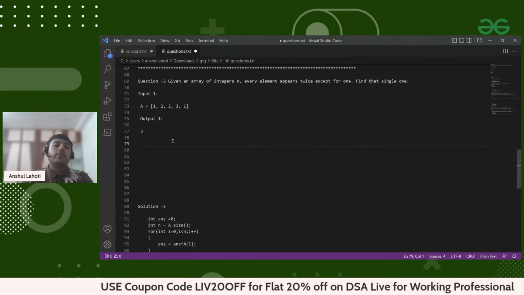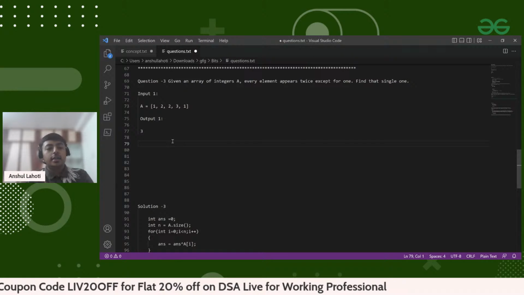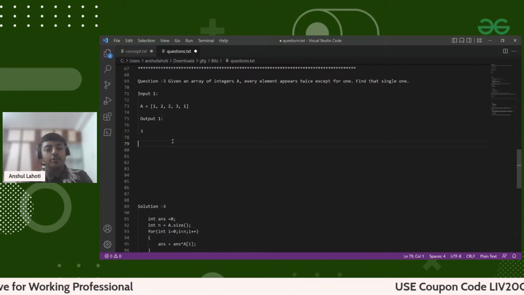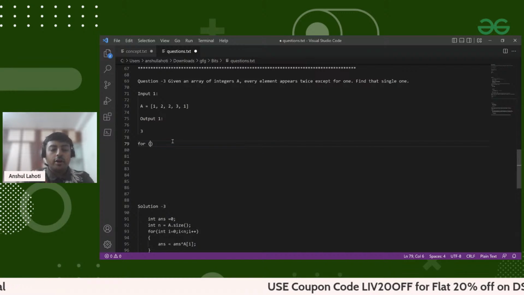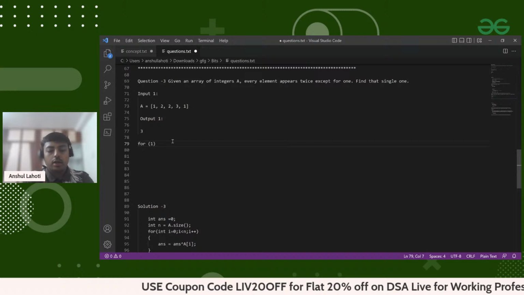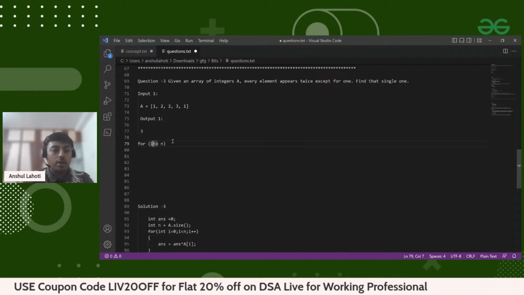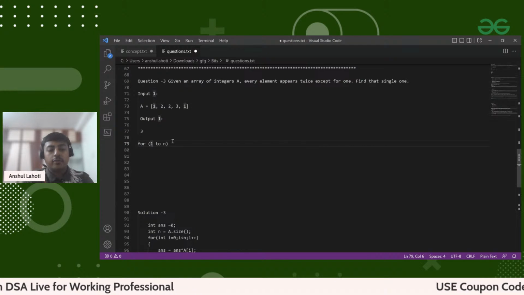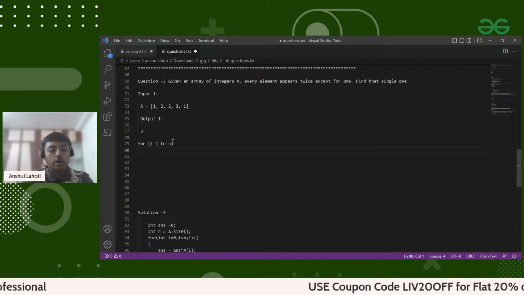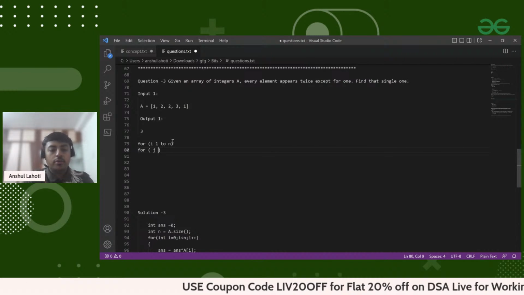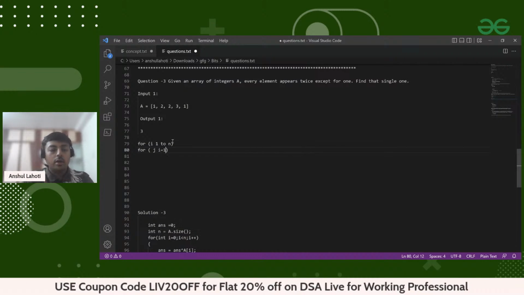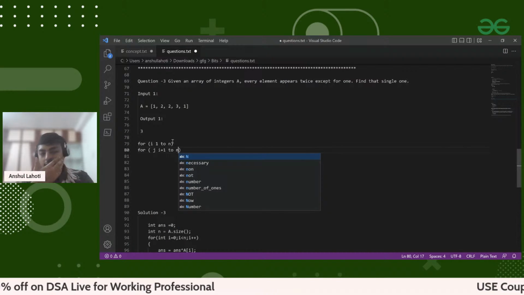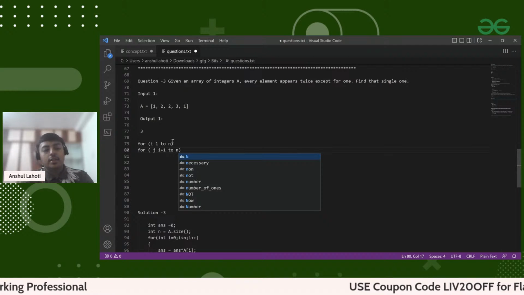First, we can traverse the array and check, but we have to do it with two loops: i varying from 1 to n, and j varying from i plus 1 to n, and we compare whether a of i is equal to a of j, then they are the same.